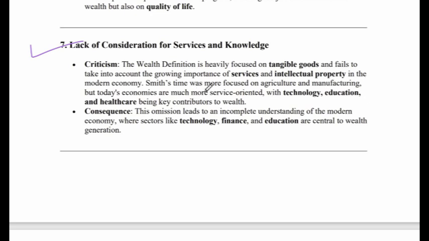Smith's time was more focused on agriculture and manufacturing, but today's economies are much more service oriented, with technology, education, and healthcare being key contributors to wealth. This omission leads to an incomplete understanding of the modern economy, where sectors like technology, finance, and education are central to wealth generation.